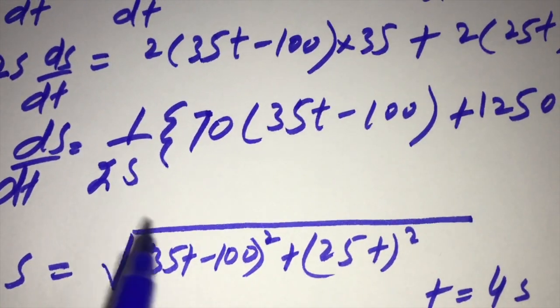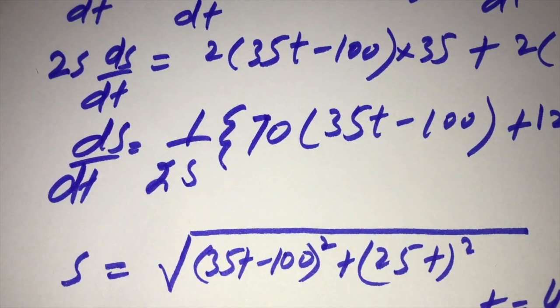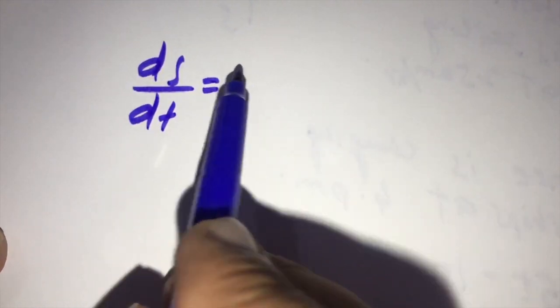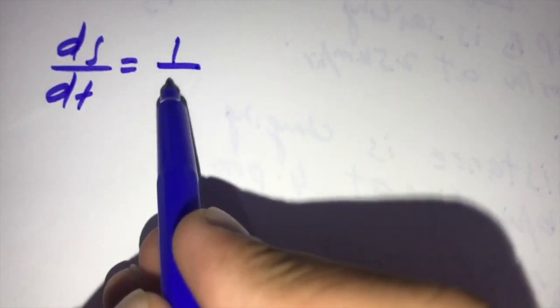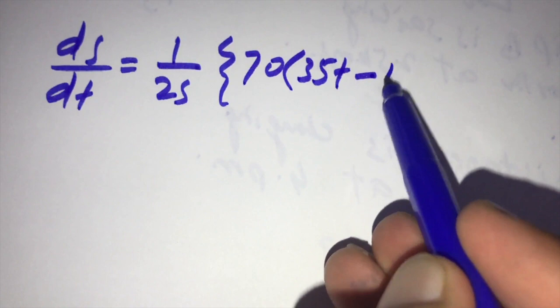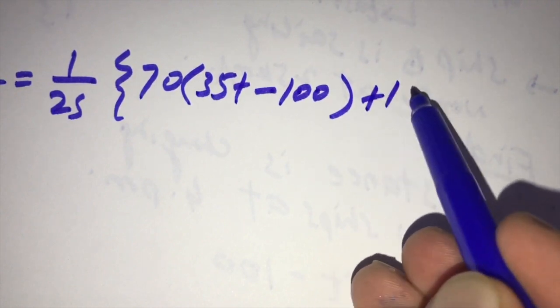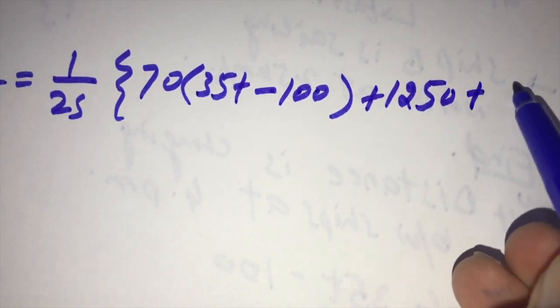Now put this s value here and put t is equal to 4 in order to find ds by dt, which is equal to 1 over 2s into [70 into (35t minus 100) plus 1250t].